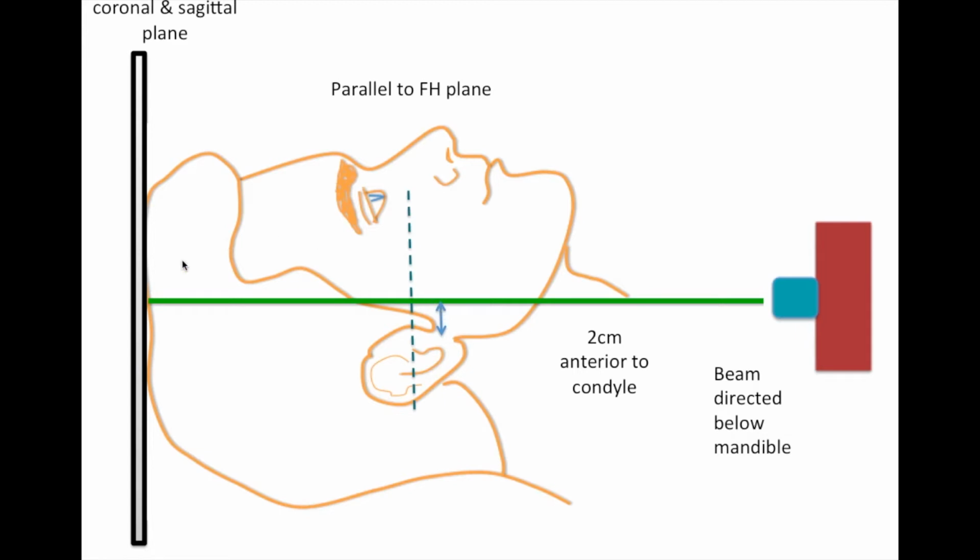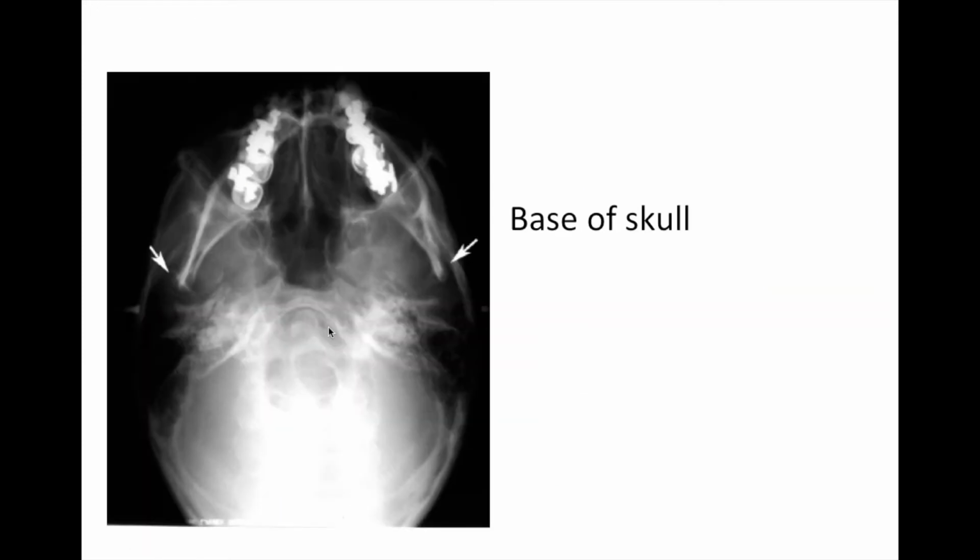So image receptor is placed parallel to FH, perpendicular to coronal and sagittal. Beam is directed from below the mandible 2 cm anterior to the condyle, perpendicular to the film. As I told earlier, we can clearly see the base of the skull in this projection.